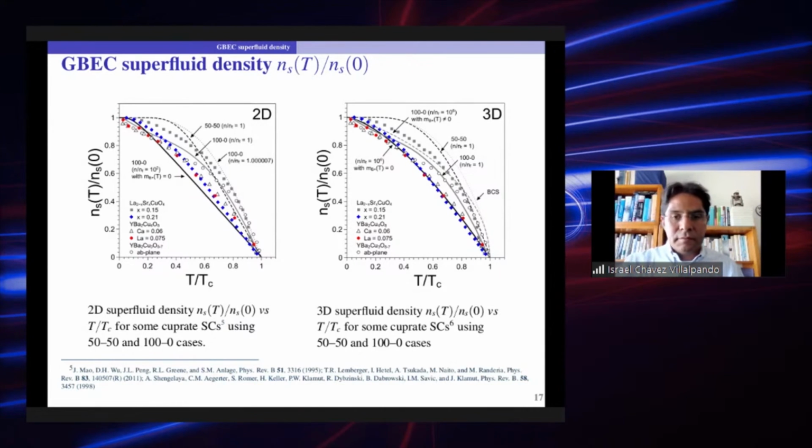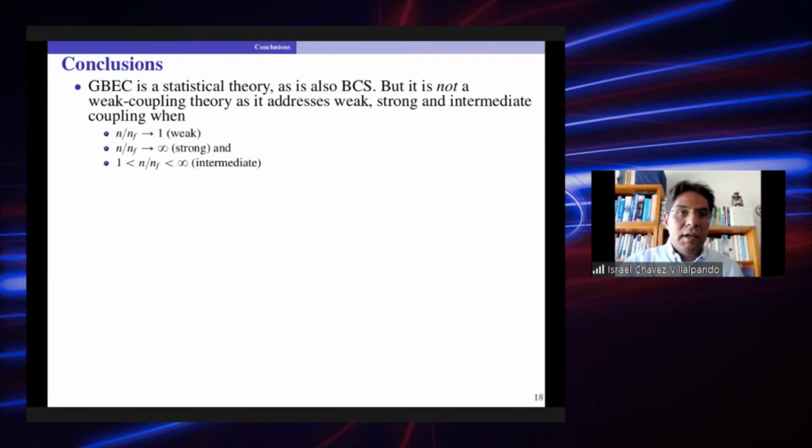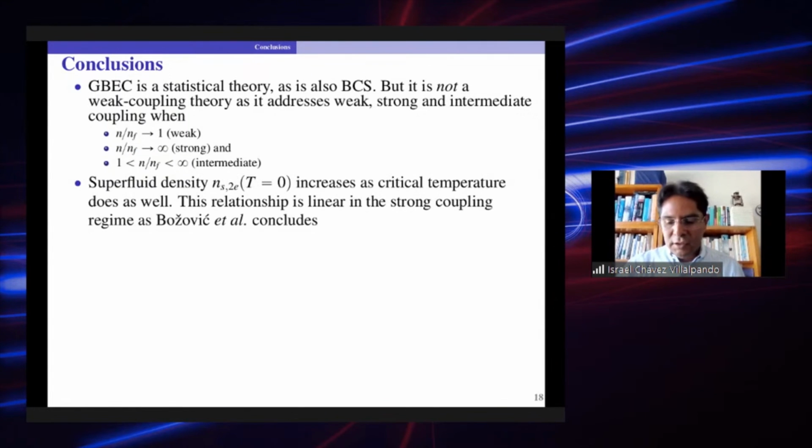And this is expected, because BCS cannot explain cuprate superconductors. But this Boson-Fermi model maybe can explain this behavior, because one can take the two electron Cooper pairs in the weak and strong coupling, and all the experimental data fall between two behaviors.